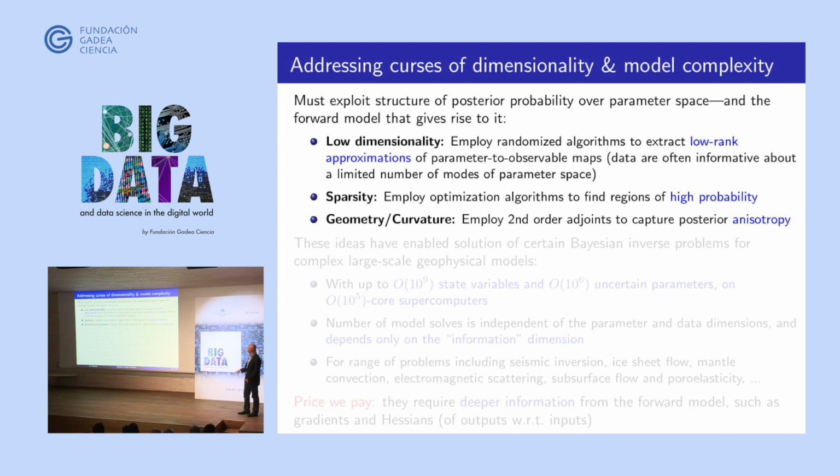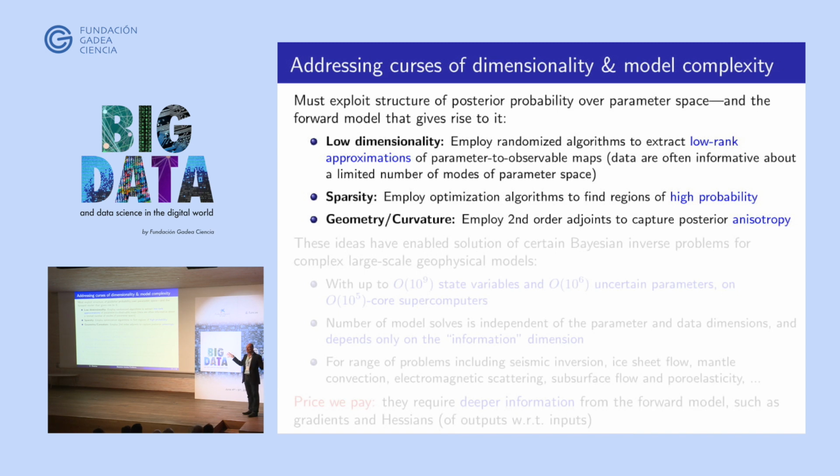First of all, low dimensionality. Despite the fact that we have huge data sets, the truth is that often they're informative about a limited number of modes in parameter space. This is a reflection of the ill-posedness of the inverse problem. Effectively, the data are giving you information about the model in a reduced number of dimensions.